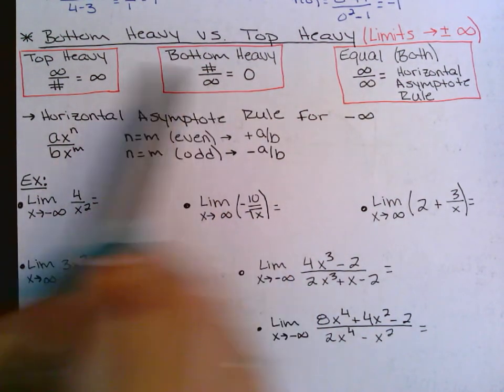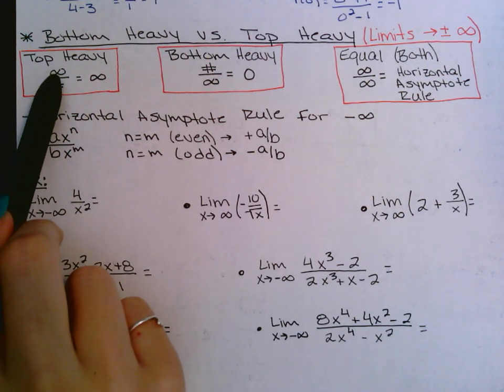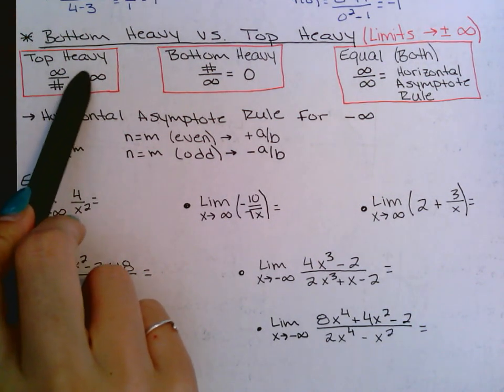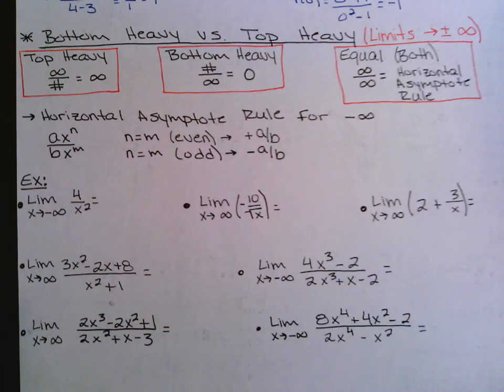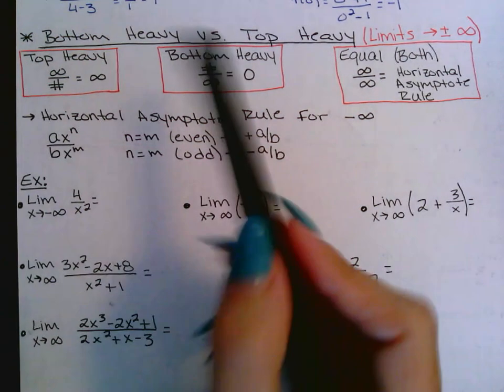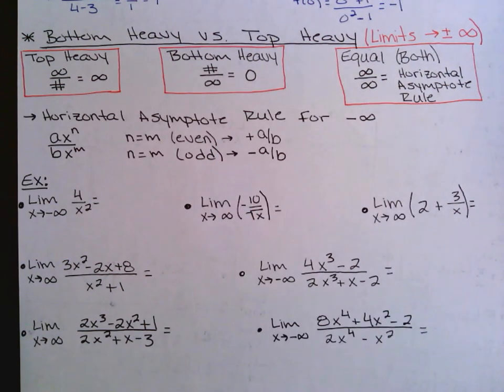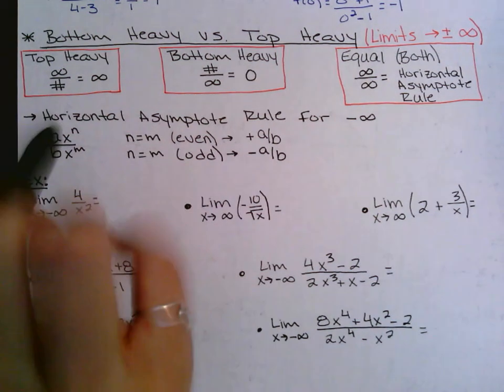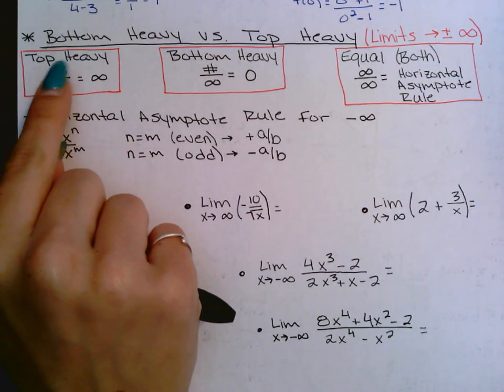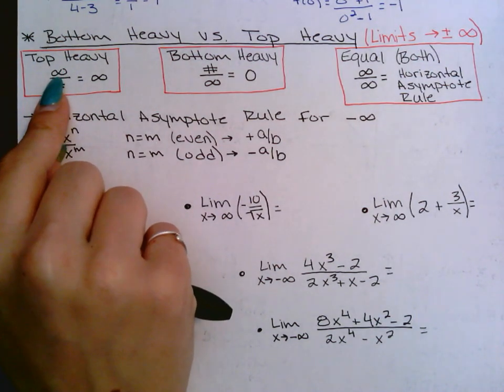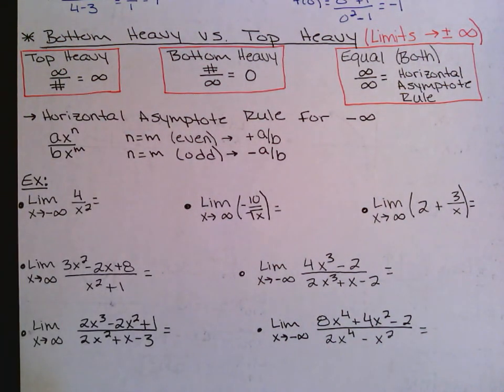So top heavy fractions, whenever the infinity lands on the top, it equals infinity. And if the infinity lands on the bottom, it is bottom heavy, and we call that equaling 0.